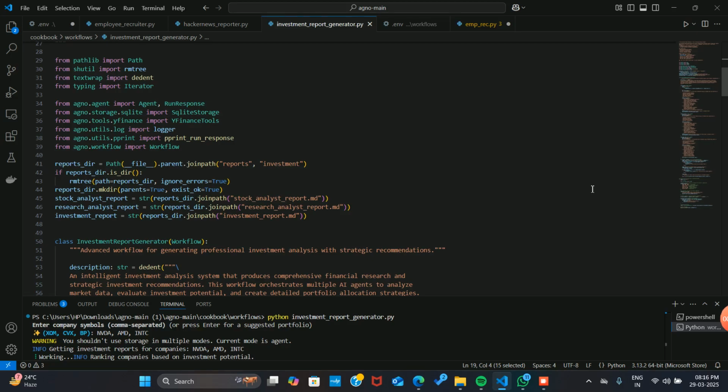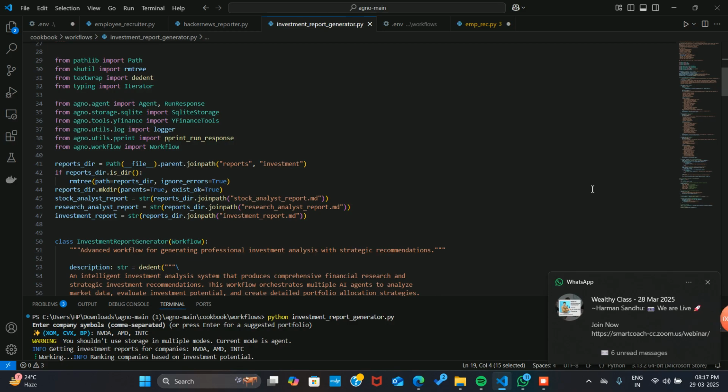The workflow uses a three-stage approach. The first one being the comprehensive stock analysis and market research. Second is investment potential evaluation and ranking. And the third one being the strategic portfolio allocation recommendations.